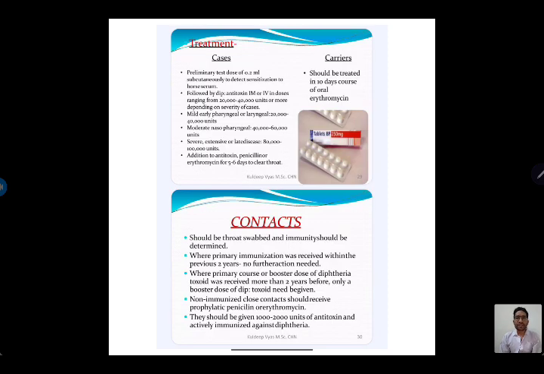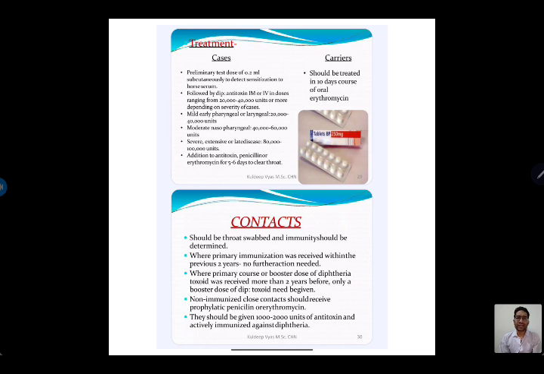Treatment of cases: primarily a test dose of 0.2 ml subcutaneously to detect sensitization to horse serum, followed by antitoxin IM or IV in doses ranging from 20,000 to 40,000 units or more depending on the severity of the case. Mild early pharyngeal or laryngeal: 20,000 to 40,000 international units.